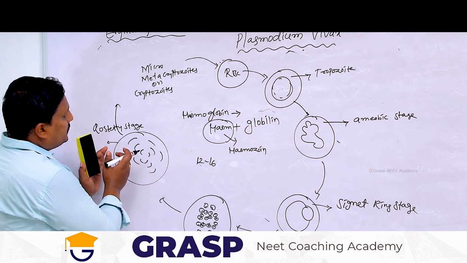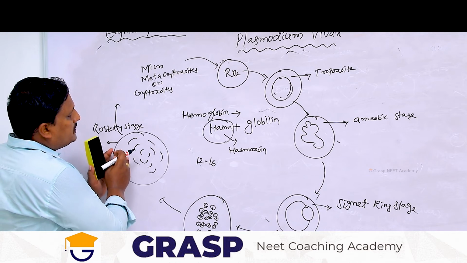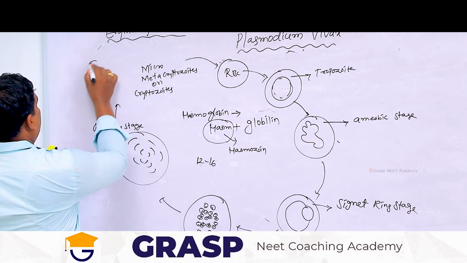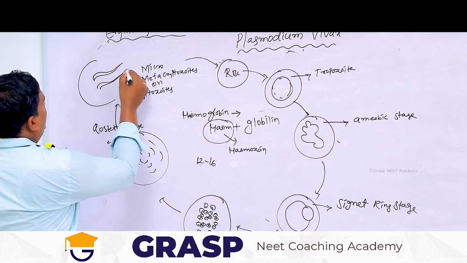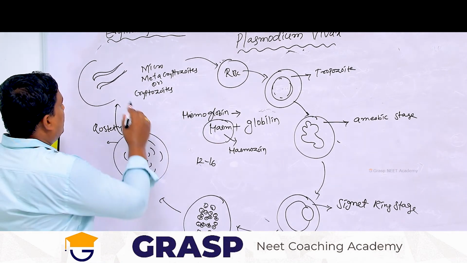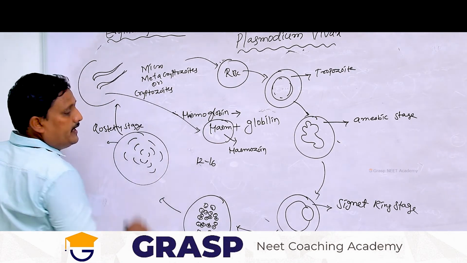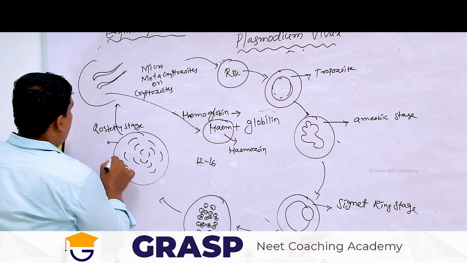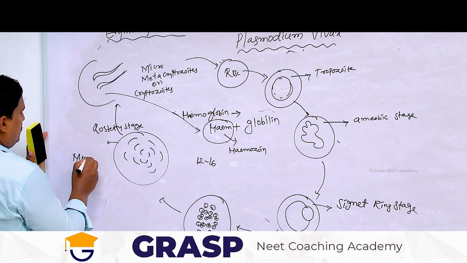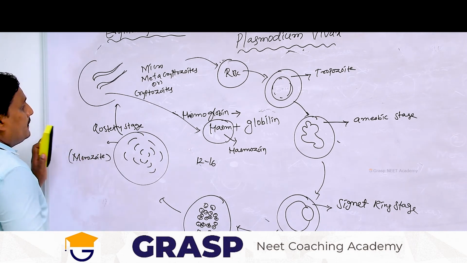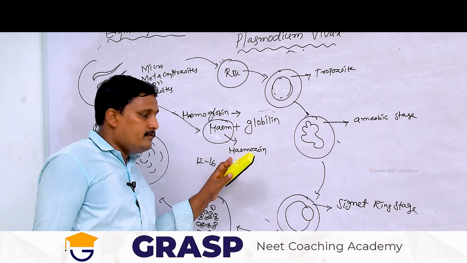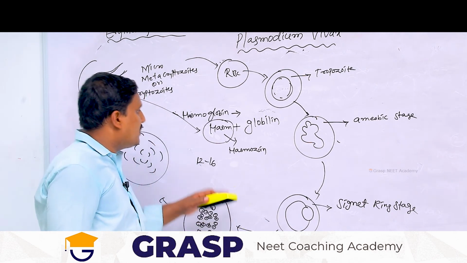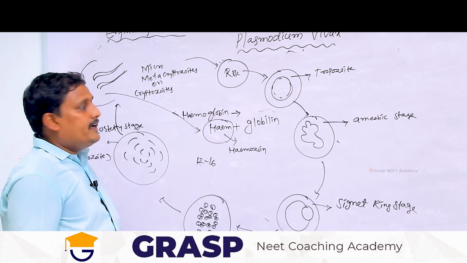When the volume of the RBC has increased optimally, the RBC ruptures, producing hemozoin as well as merozoites. When the hemozoin is released into the human bloodstream, the person gets a fever.